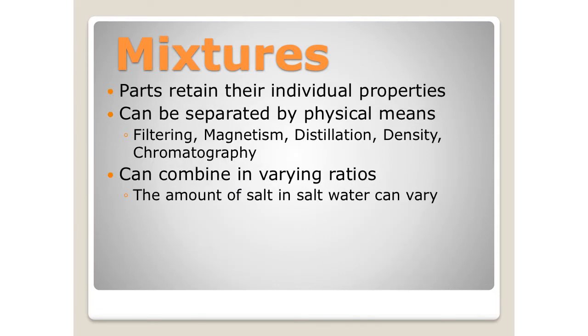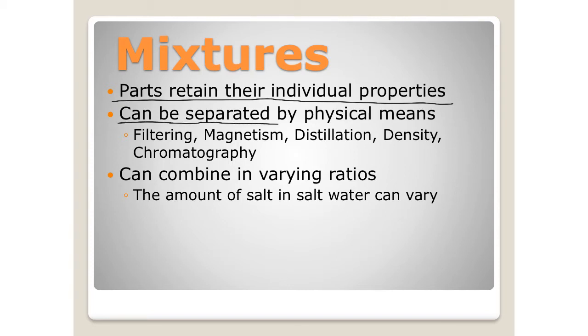Now, since no bond occurred between the two parts, there was not a chemical change, so the parts will retain their individual properties. So if we take sand and iron and mix them together, they would just be in there together. They will both keep their individual properties, so the iron would still be magnetic.